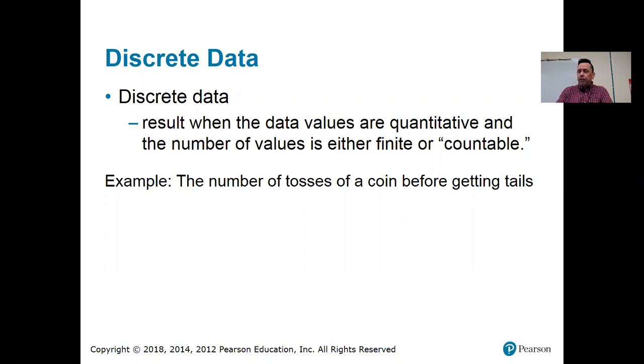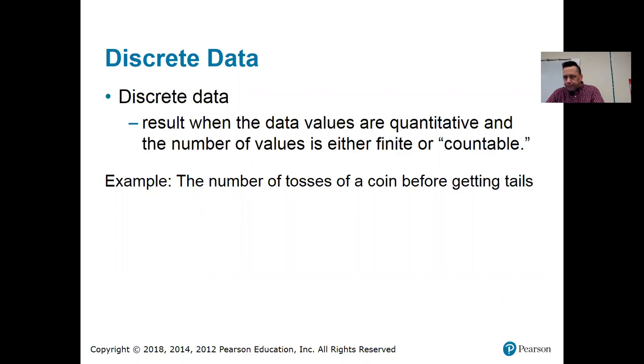I actually reworded this a little bit from how it came from the publisher. The way that I like to explain discrete data is that it often answers the question, how many? Here's just one example: the number of tosses of a coin before getting tails. That is definitely a how many question.